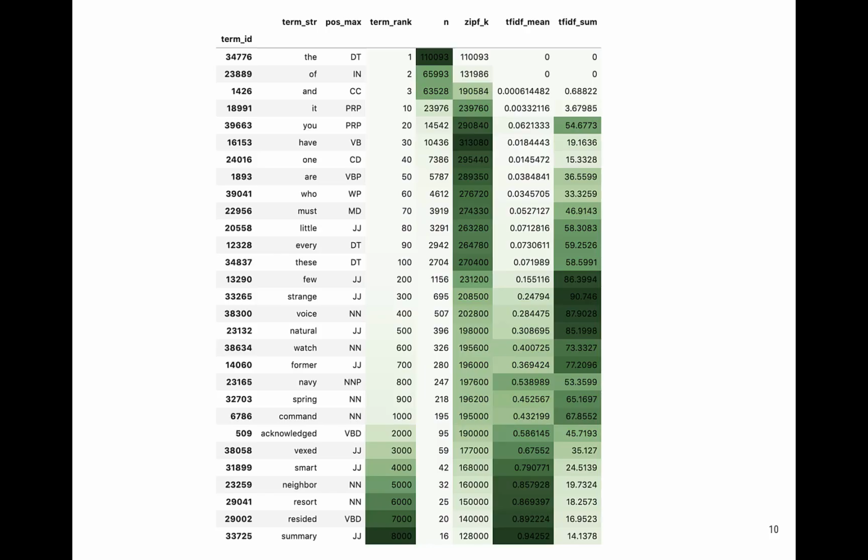You can see that the darker green measures of the TF-IDF sum are oriented toward words that are not stop words, but words that look kind of interesting, like navy, natural, strange, voice. We can imagine that words such as these would be more discriminative, that they would apply to paragraphs or chapters that are talking about something in particular, that would make that relevant to single out.